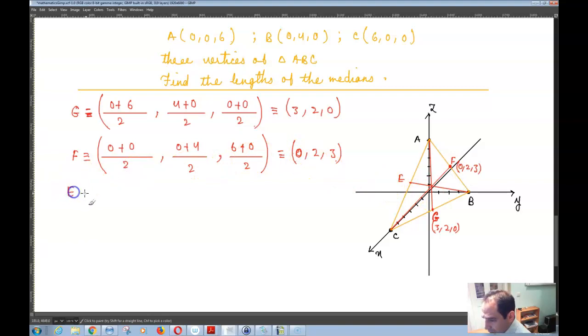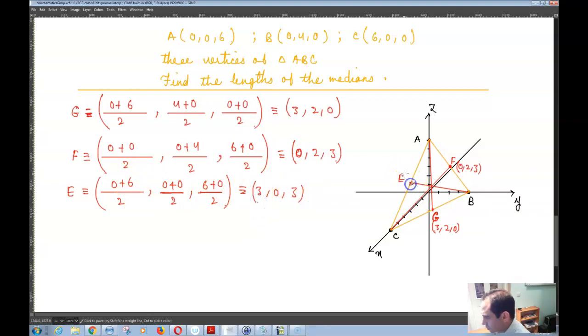The coordinates of the point E would be halfway between A and C: (0 plus 6) divided by 2, (0 plus 0) divided by 2, and (6 plus 0) divided by 2, which is equal to (3, 0, 3).